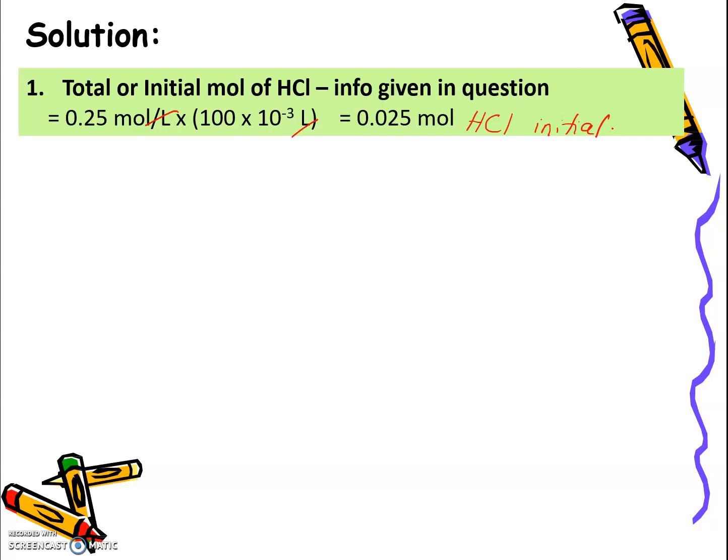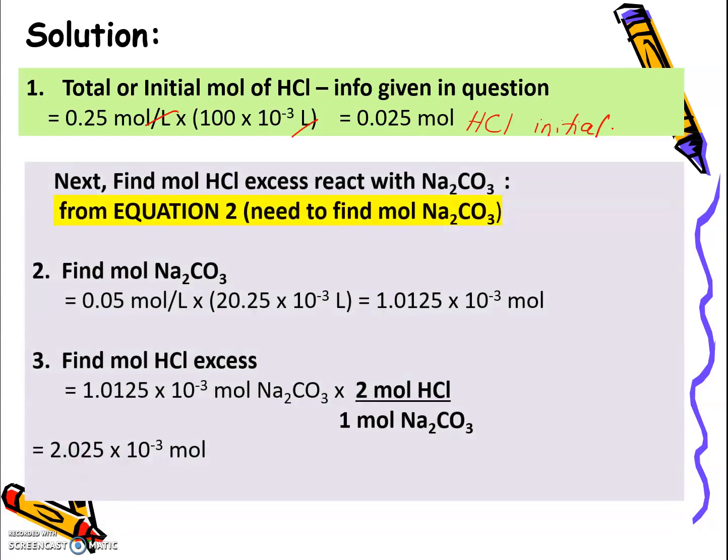next to find mole of HCl excess, we have to find mole of sodium carbonate first. This is for the second reaction, during the titration between sodium carbonate and excess HCl.